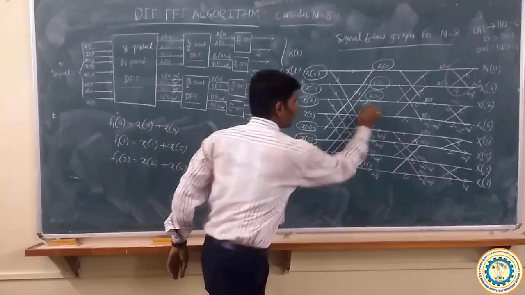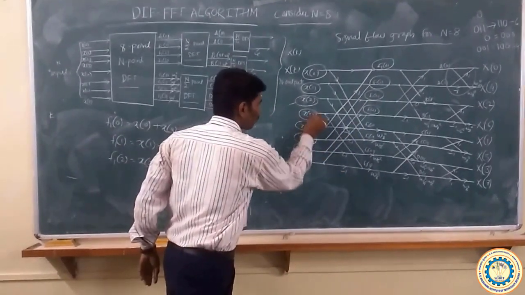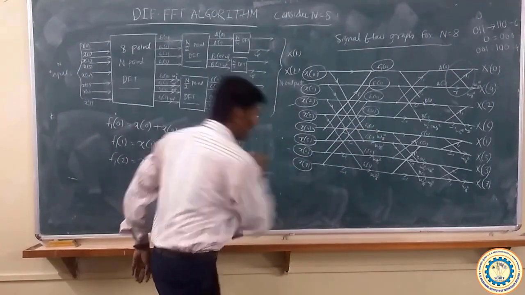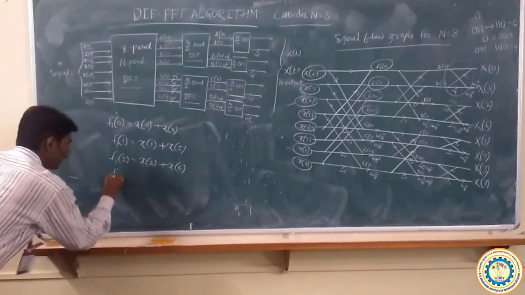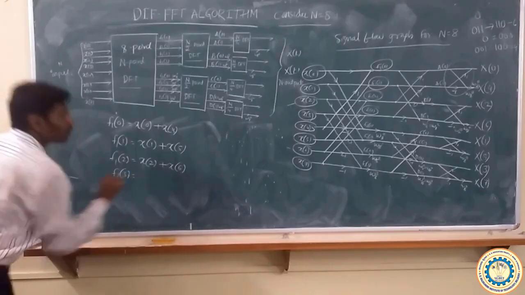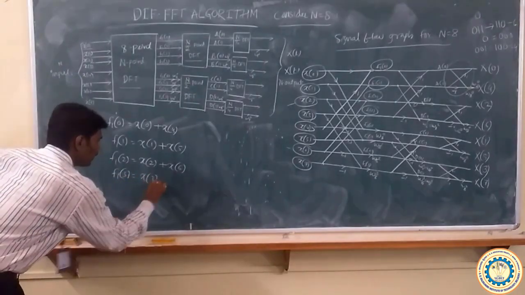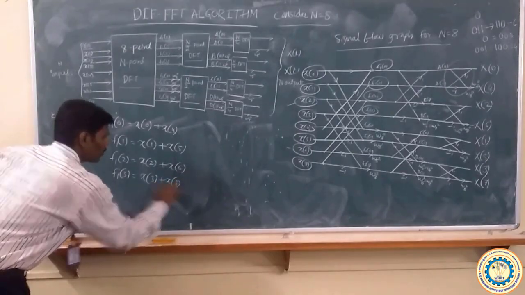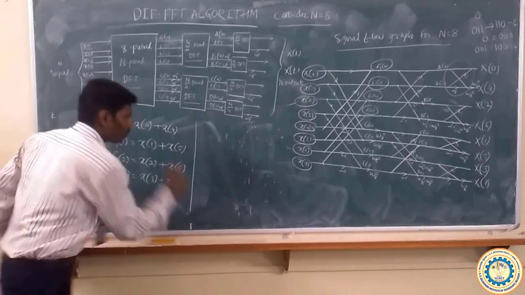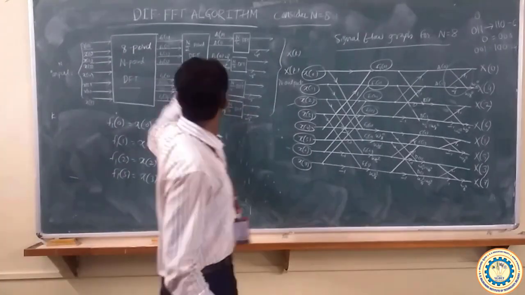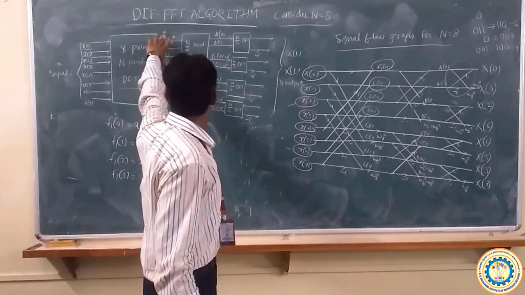Similarly, for f1 of 3, I have one input x of 3 and another input x of 7. So I can write f1 of 3 is equal to x of 3 plus x of 7. So these are the four outputs.